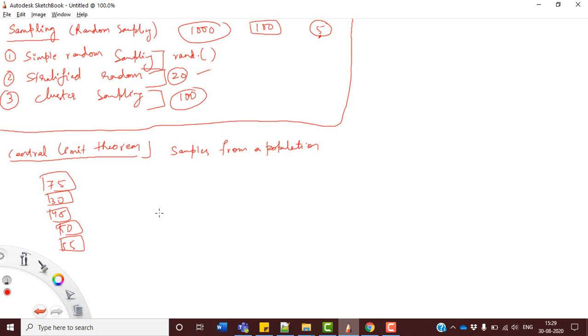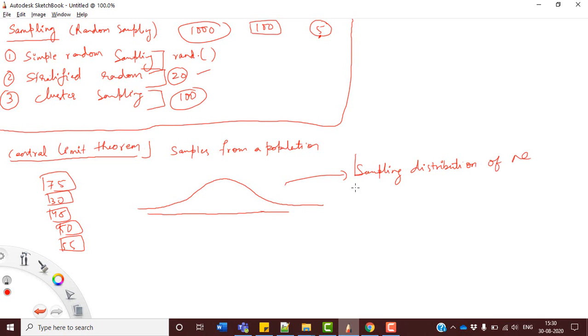Now we take all of these mean values and plot them in a graph. We call this a sampling distribution of means.